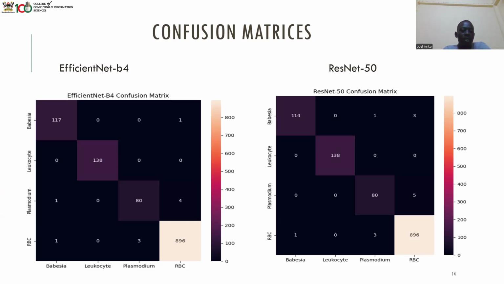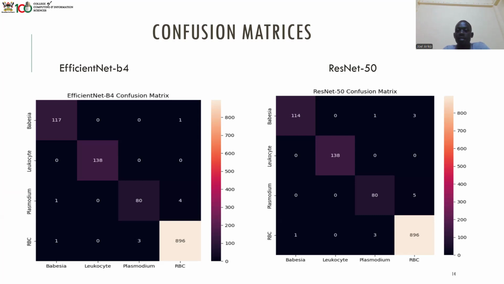Then for the leukocyte, it was really clear. There was no noise. Then for the Plasmodium, we had 5 cells, where one was classified as Babesia and 4 as red blood cells. Then for the red blood cells, we saw 4, where 1 was misplaced as Babesia and 3 as Plasmodium.